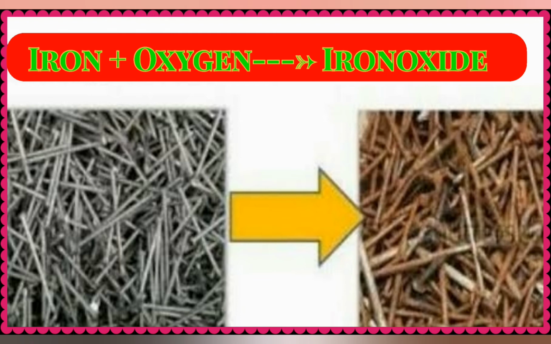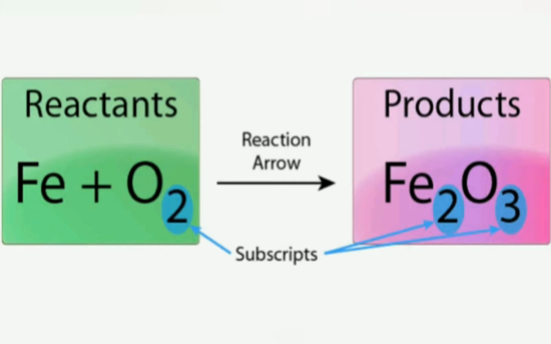So, the word equation is iron plus oxygen gives iron oxide. The word equation is then replaced by chemical symbols and formulae. So, the chemical equation is written as Fe plus O2 gives Fe2O3, as the chemical symbol of iron is Fe, oxygen is O2 and the chemical formula of iron oxide is Fe2O3.